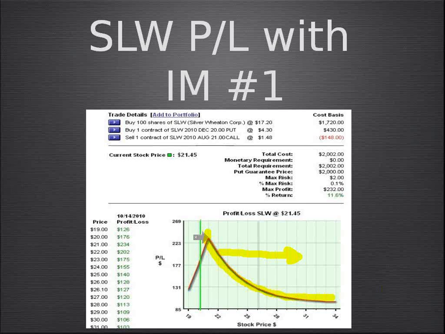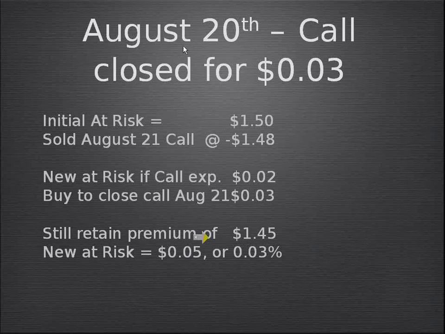All right. So this is what our position looked like after the first income method number 1. We reach August 20th. The initial at risk was $1.50. We sold the August 21 call for $1.48. The stock was trading around $21.05, bouncing between $20.98 and about $21.05 with the last hour to go to expiration.